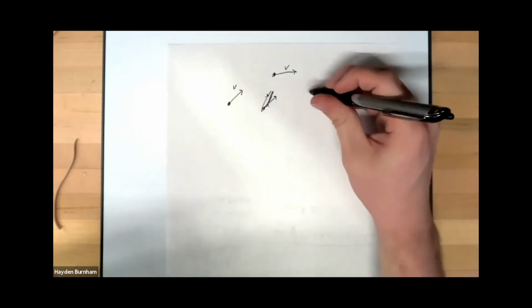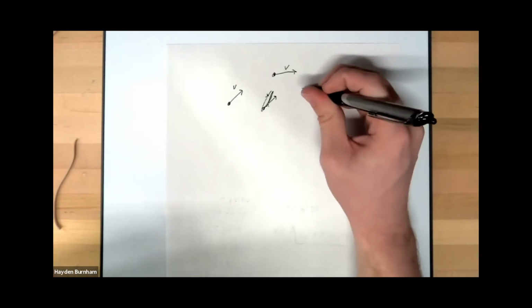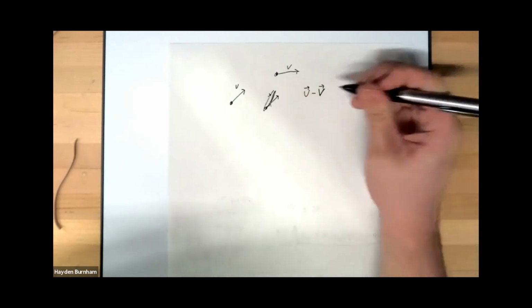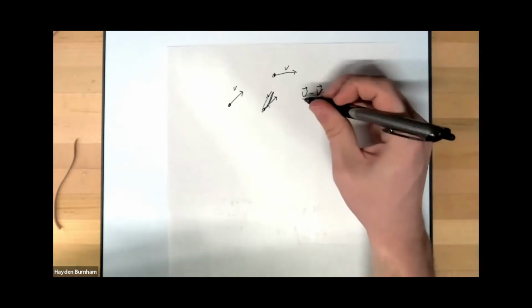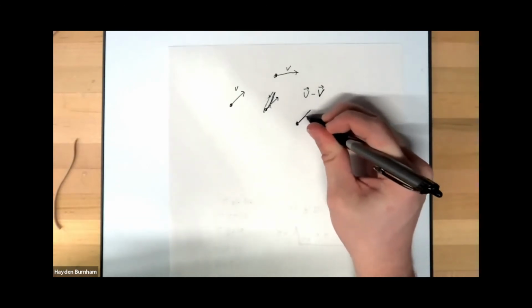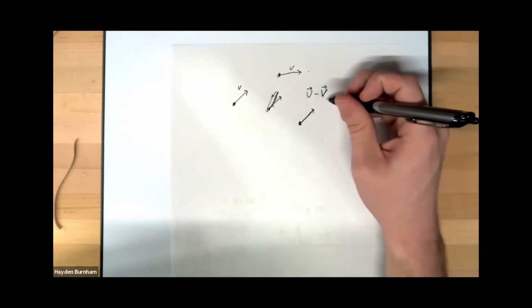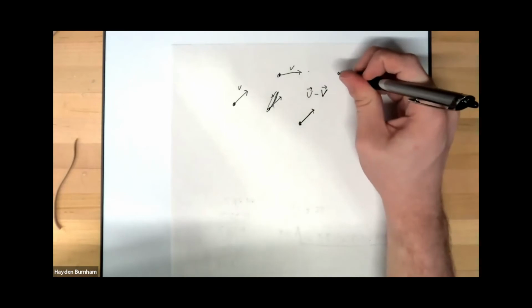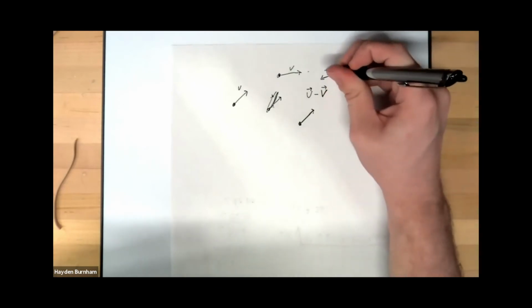All right, and you want to do u minus v. And we usually draw these little arrows, and that means vector, right? So I can take u as it is, but v, since it's a negative, I would flip it around. So that would be like this. That's a negative v.